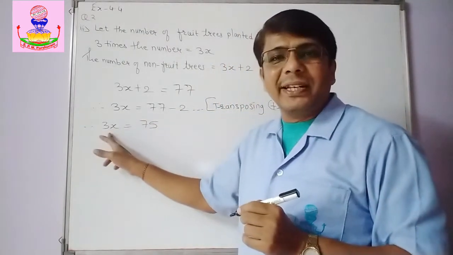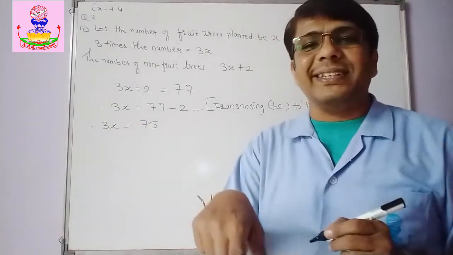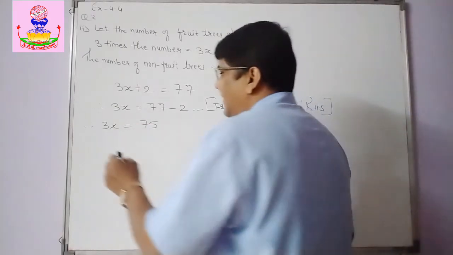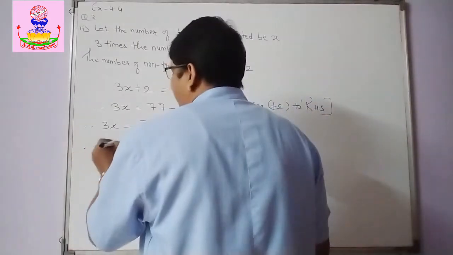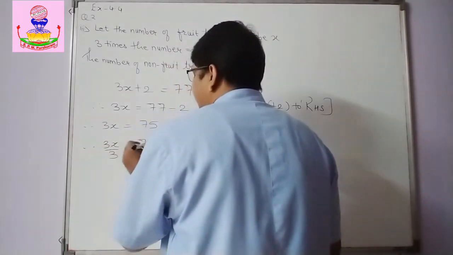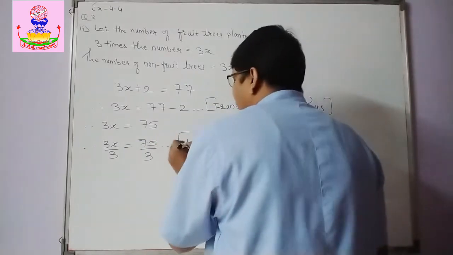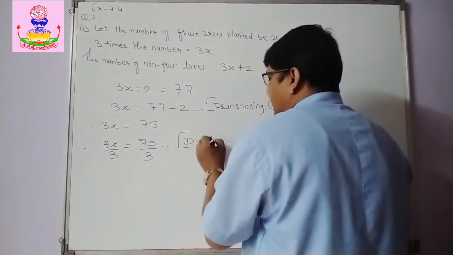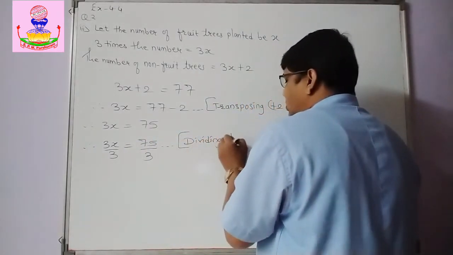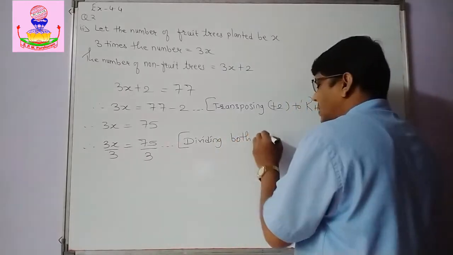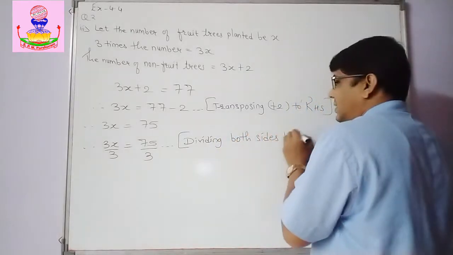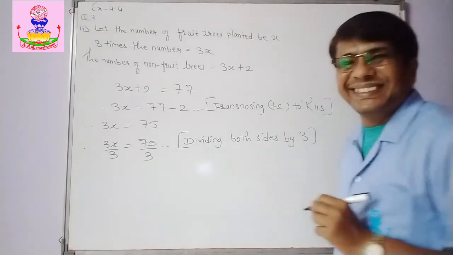Now here the sign is multiplication, opposite of multiplication is division. So divide both sides by 3. So 75 upon 3. So what did we do? Dividing both sides by 3. Right?